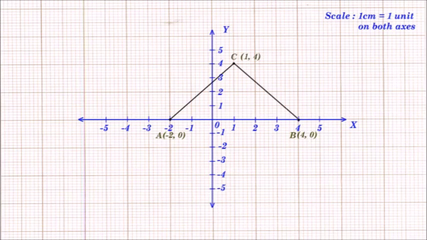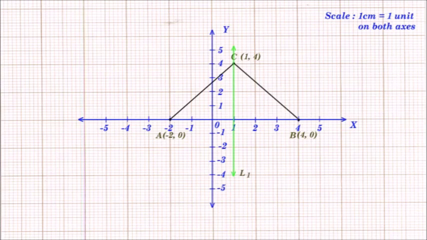Now we are told to draw the line of symmetry of this triangle ABC. Now if we look at triangle ABC, it is an isosceles triangle. We know that the line of symmetry of an isosceles triangle is the angular bisector of the vertex angle or the perpendicular bisector of the base. So we have line L1 as the line of symmetry for the triangle ABC.